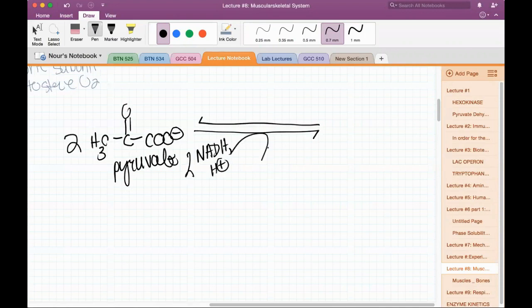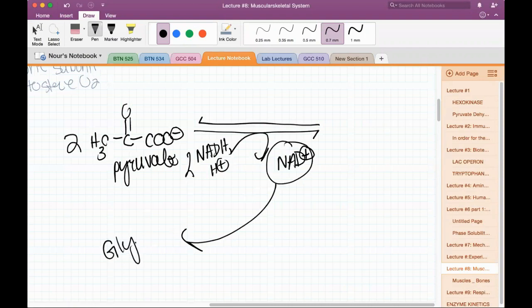We want to turn it to NAD+ because it is an ingredient for glycolysis. So we want to make more of this so that we can make more glycolysis occur and break down more glucose molecules. So pyruvate changes to lactate.